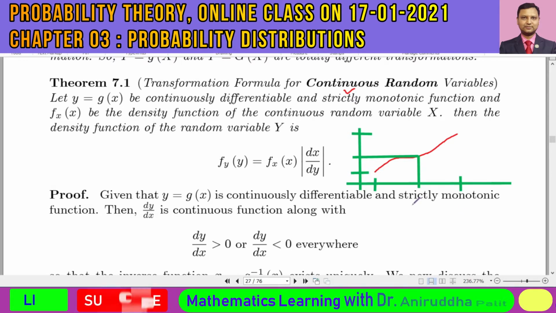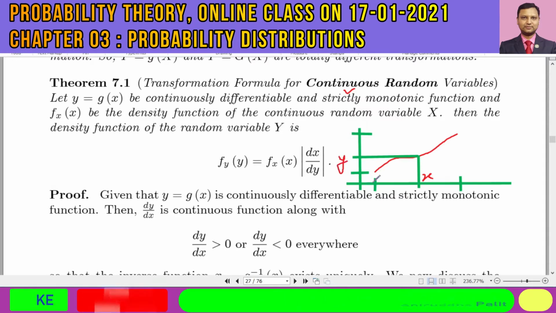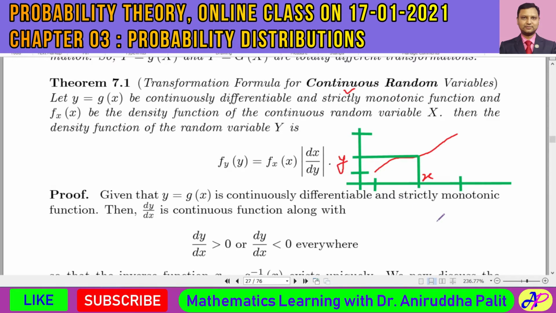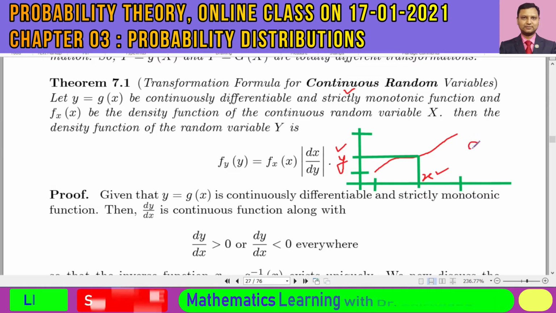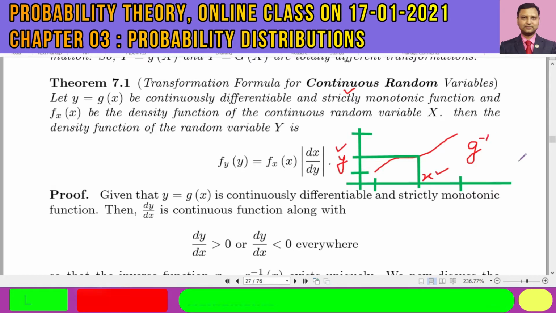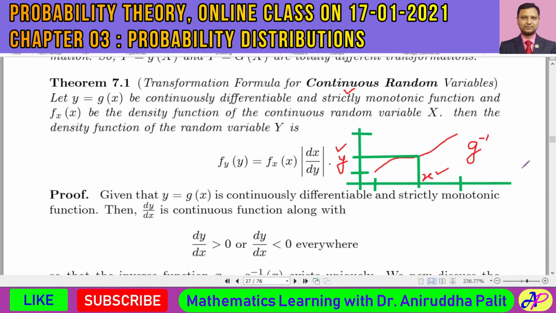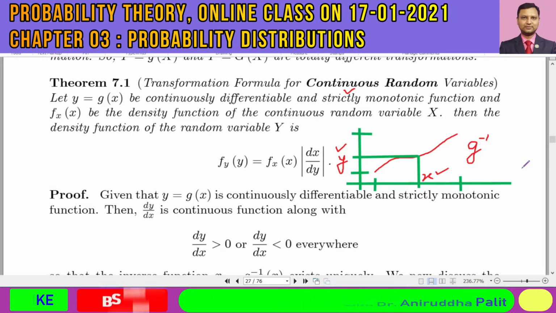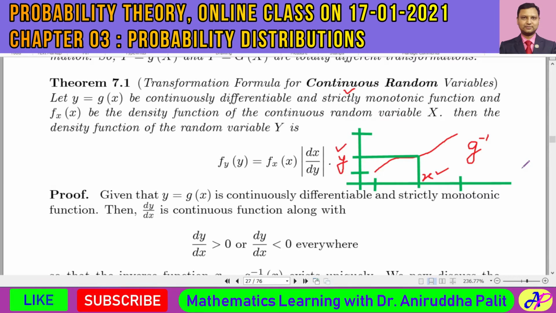Corresponding to each value of x, we would get only one value of y, not more than one, and corresponding to each value of y we would get exactly one x. That means we can say that the function g inverse exists. The original function g would be a one-to-one function, and therefore the inverse function g inverse would exist.